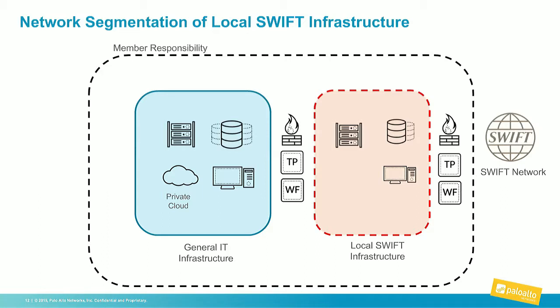Additionally, also with the next generation firewalls in place, you can take advantage of our App ID technology, which provides greater visibility into and accuracy of the traffic flows beyond just merely basic port numbers and protocols. And in combination, this reduces the attack surface for the local SWIFT infrastructure that you would have.